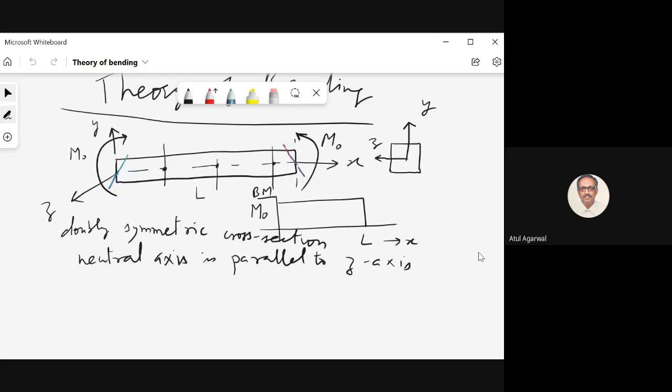Then I had shown, earlier in the last class, that these sections will rotate because of the applied bending moment. And this is the shape of the deformed beam. So the beam was initially straight. Due to bending, it became curved.